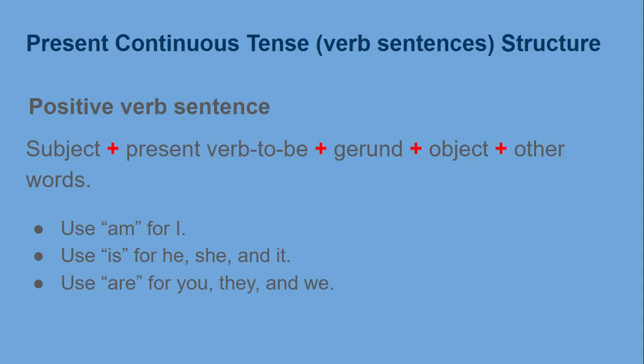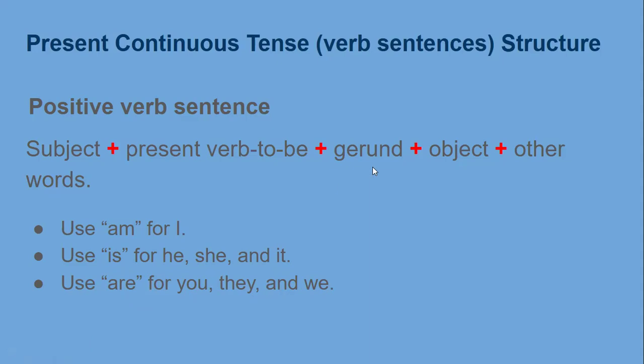I hope you are still with me so far, okay? But just to recap, before we move on, the structure is the subject plus the verb to be, right? Now, the verb to be that you use depends on the subject that you have. If your subject is I, use the verb to be am. If your subject is he, she, or it, use the verb to be is. If your subject is you, they, or we, use the verb to be are.